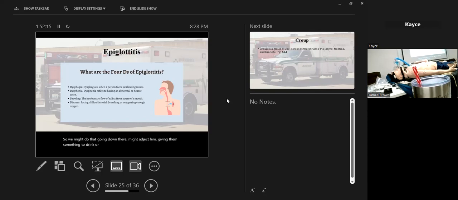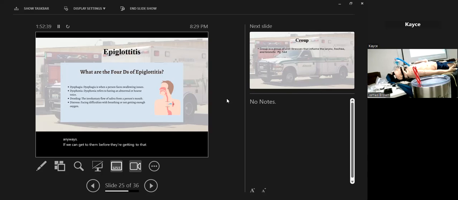We don't want to be doing that, or putting an airway in, like a nasal or an oral airway. There are a lot of things that we normally wouldn't do anyways, if we can get to them before they're struggling to breathe.